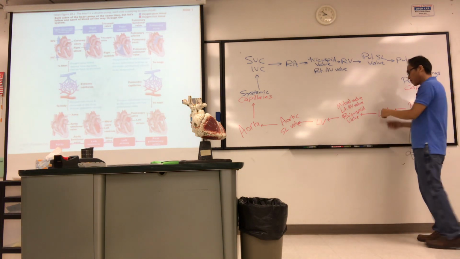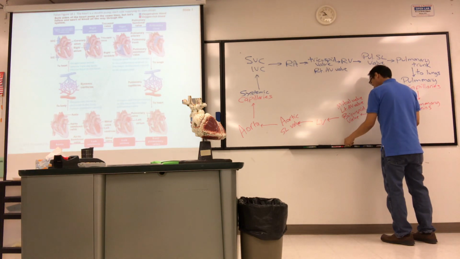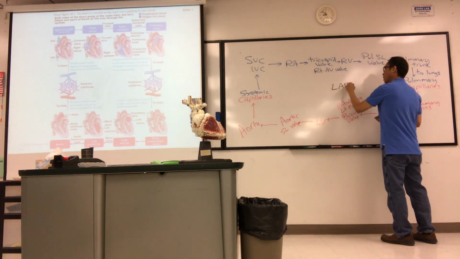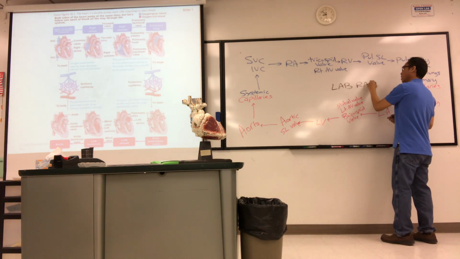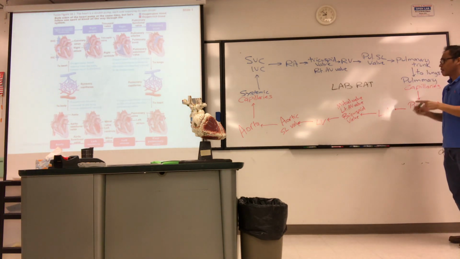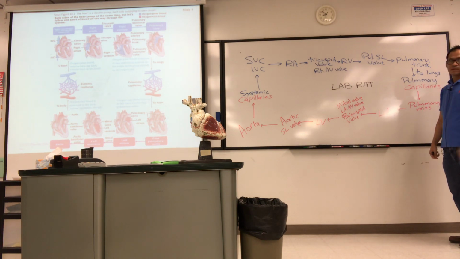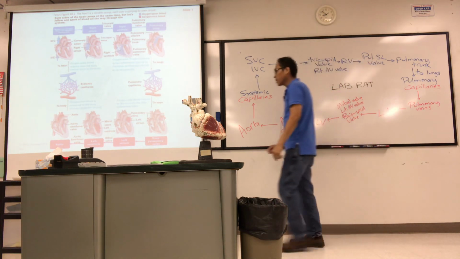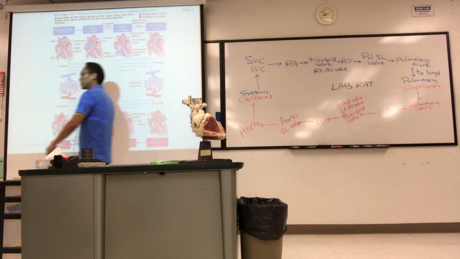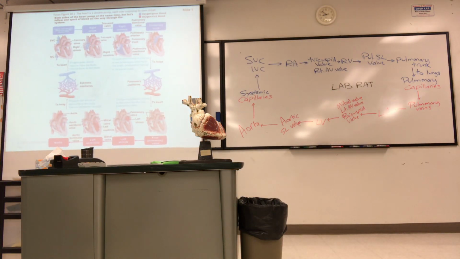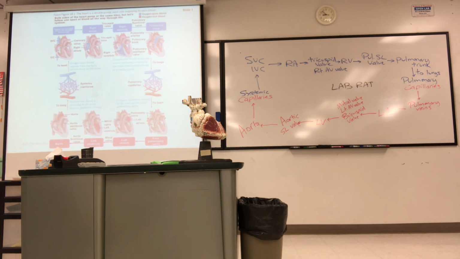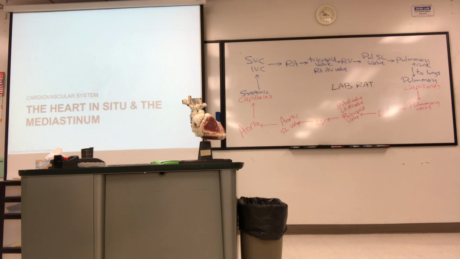One easy thing to help you tell bi from tri is "lab rat": left atrium bicuspid, right atrium tricuspid. So you don't confuse the bi and the tri. We can use either one. They're all acceptable terms.